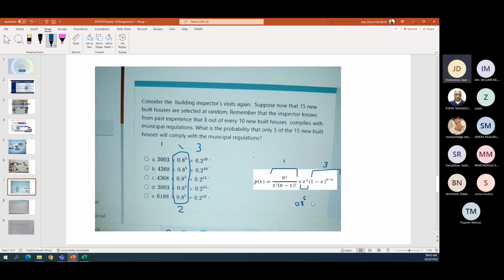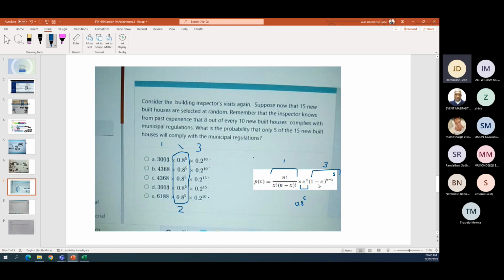But I haven't looked at the question at all, so this is just what I'm picking up. Here's 15 and 10. Something here tells me that x is 5.